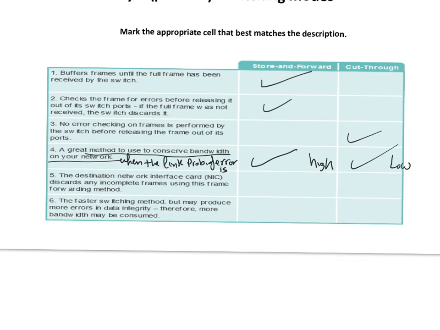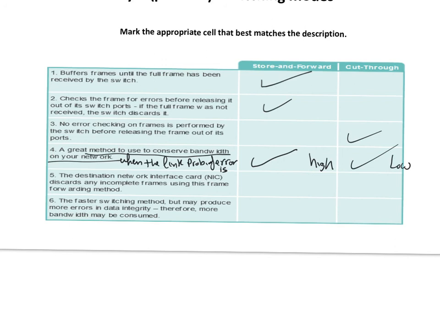So you have to give me another piece of information that clears that confusion. I have to tell you when the link probability of error is high or low. If it is high, then you better check for errors, and the mode of operation that checks for errors is store and forward, right?